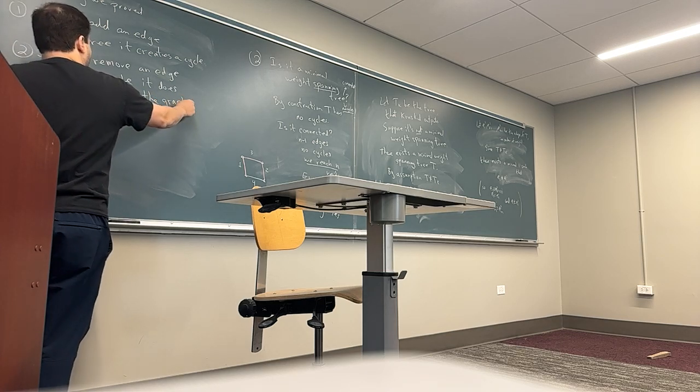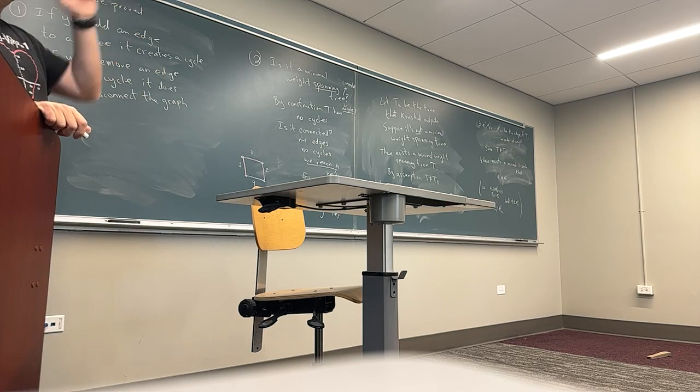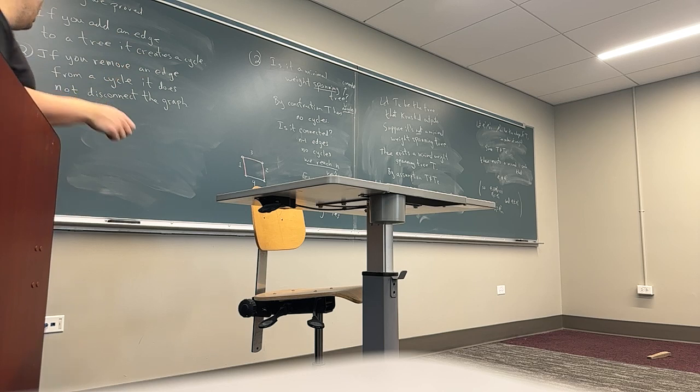So if you have a connected graph and it has a cycle somewhere, and you remove one of the edges, you're still a connected graph.